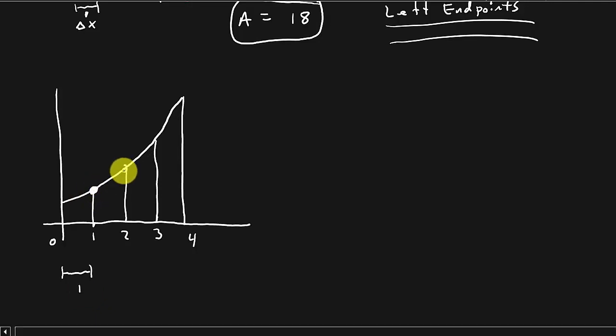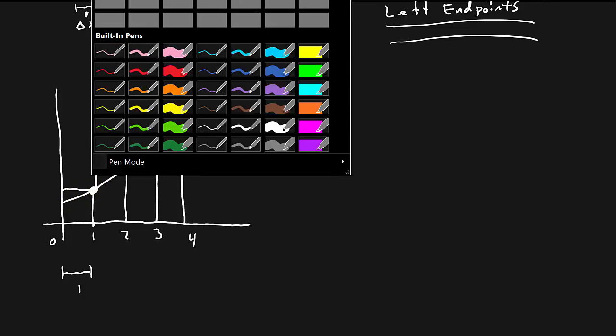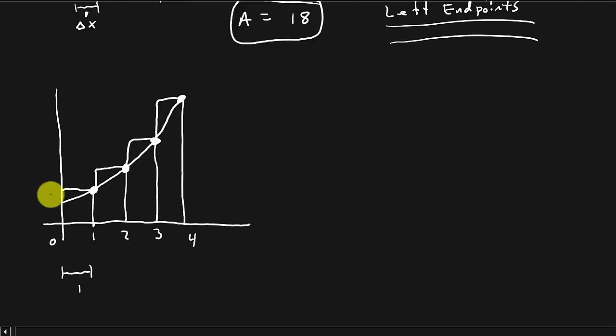So to do right endpoints, let's draw in the rectangles. And so I draw my rectangles in. And you can see that the area that we find here is going to actually be more than what the actual area is, because you can see the little pieces of the rectangle sticking above the graph. And once again, this height here would be what?